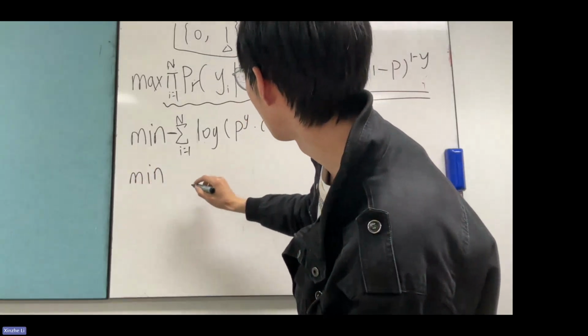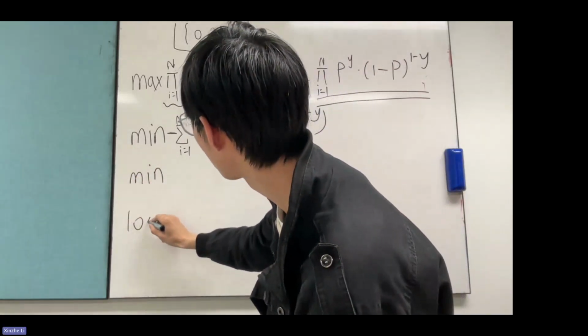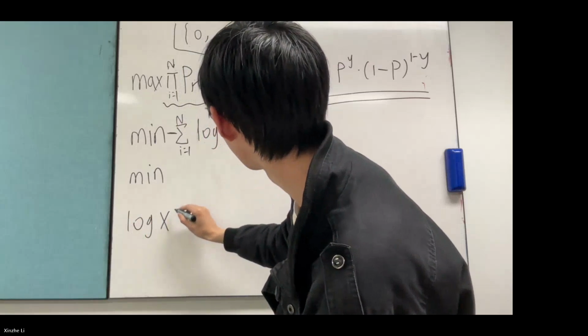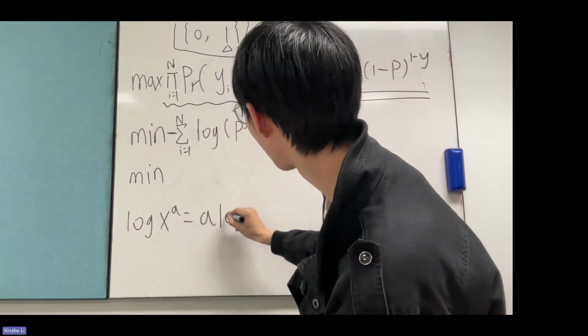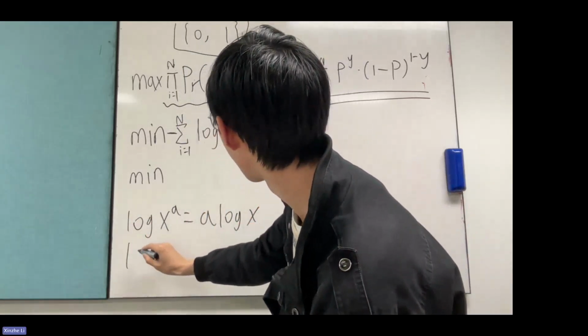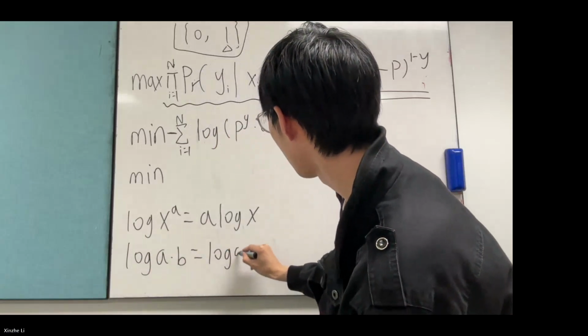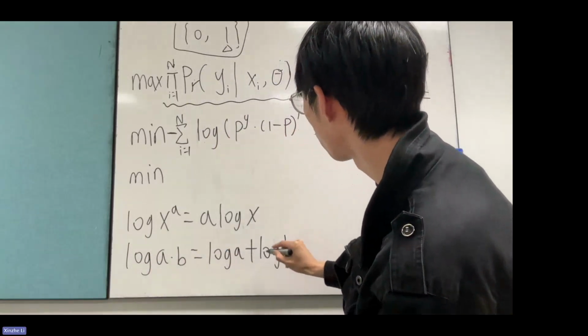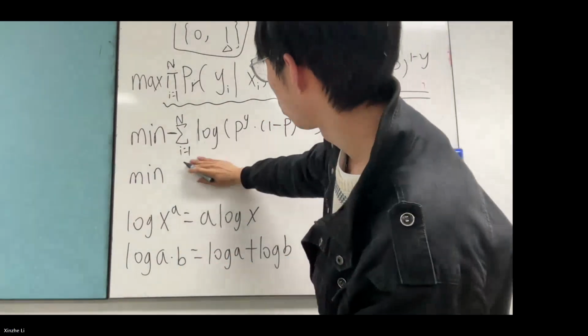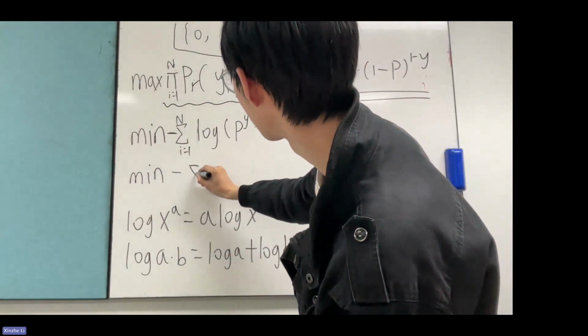Then how can I simplify this? This is a log function. You should remember the rules: log x^a equals a log x, and log ab equals log a plus log b, right? So we can use these two rules to simplify this.